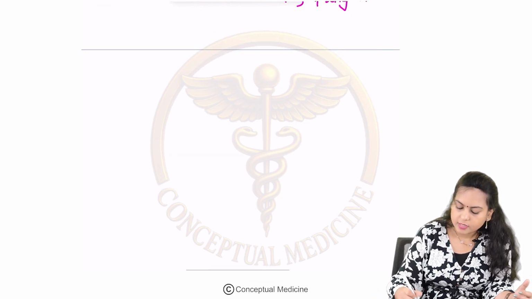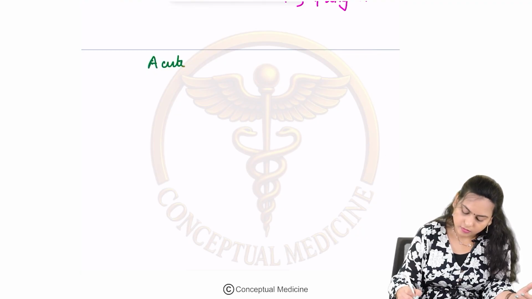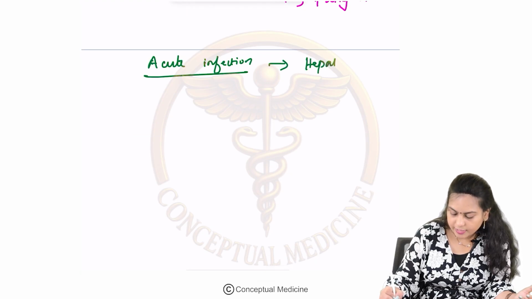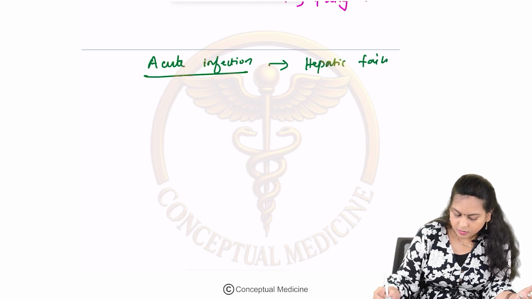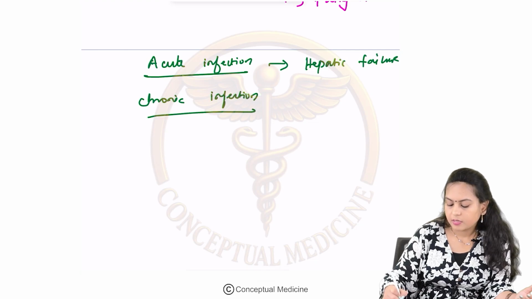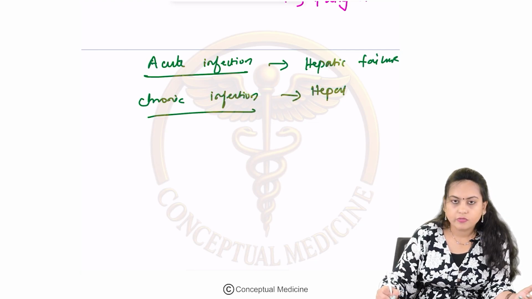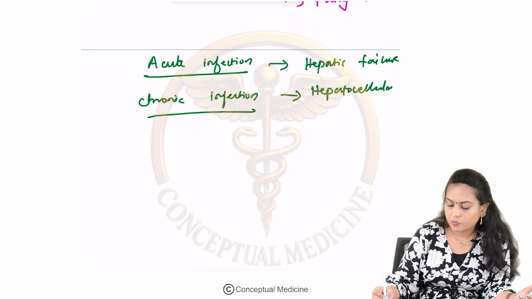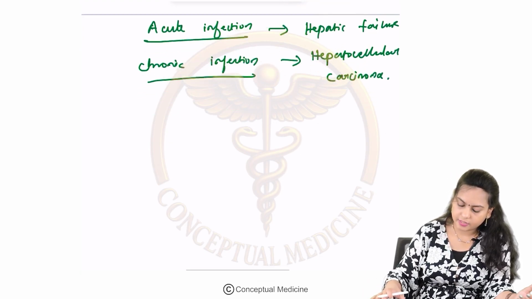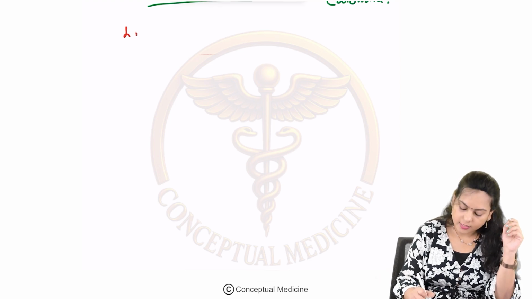And suppose if they are presenting with acute infection, they can even result in hepatic failure, and suppose if they are presenting with chronic infection, there can be chances of hepatocellular carcinoma. Clear? Right. We'll see the lab diagnosis.